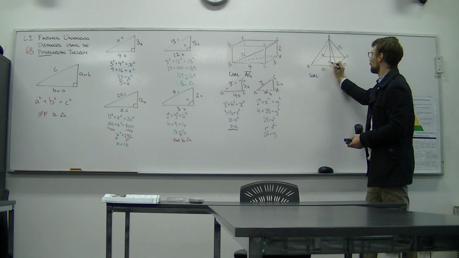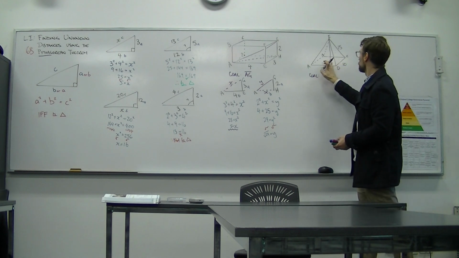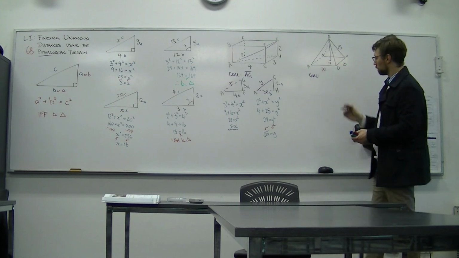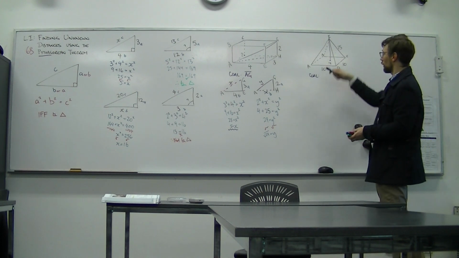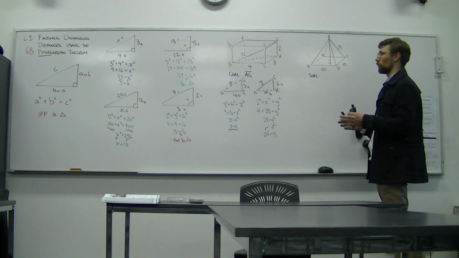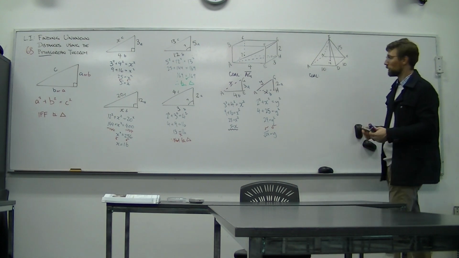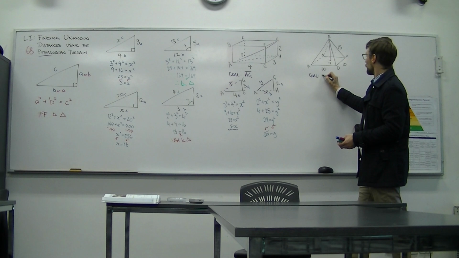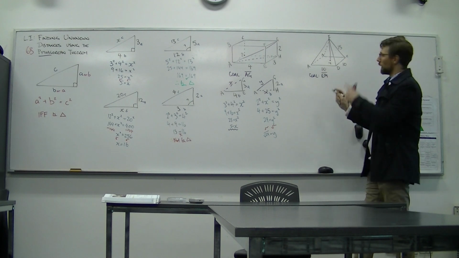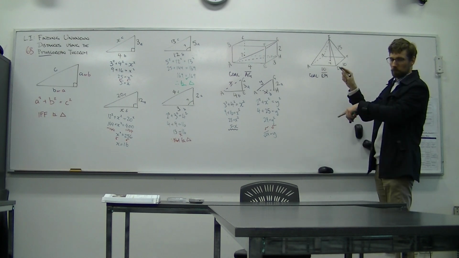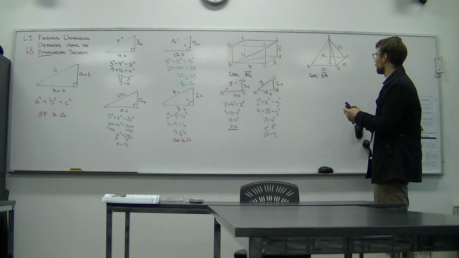I'm going to call this M for the middle of the bottom bit. Call it whatever you want, doesn't matter. These don't have to be A, B, C, D. Don't call them numbers because you'll confuse yourself terribly, but any sort of symbol should be fine. So I want to find the distance EM or ME. It doesn't matter if you measure it upside down or which way because it's still the same distance.